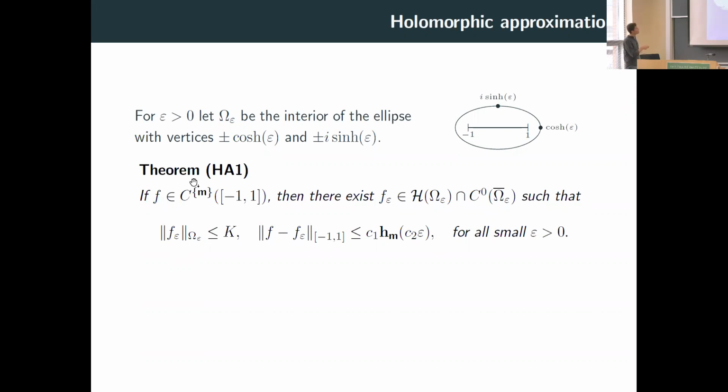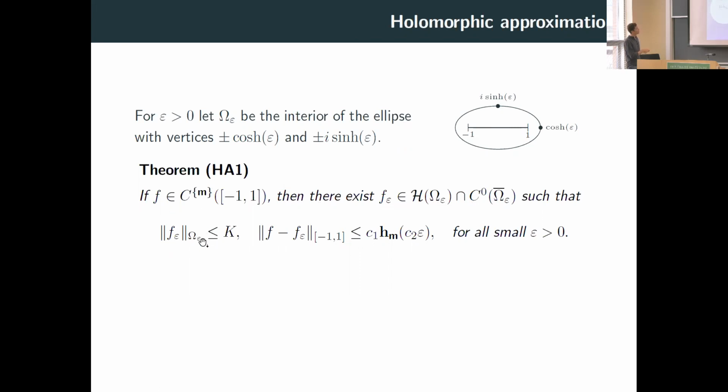So if I have such a function, then I can find a family of functions f epsilon, where each f epsilon is a holomorphic function on the interior of the ellipse, omega epsilon, and continues up to the boundary of the ellipse, such that, well, it's uniformly bounded.